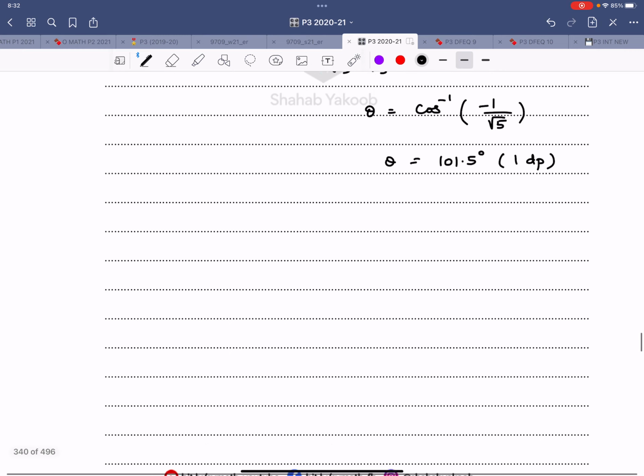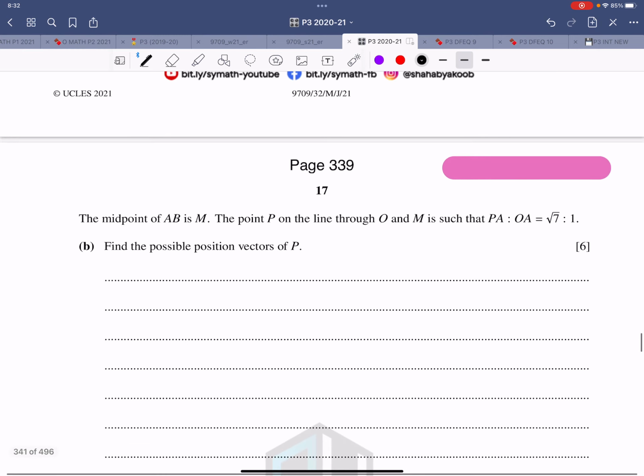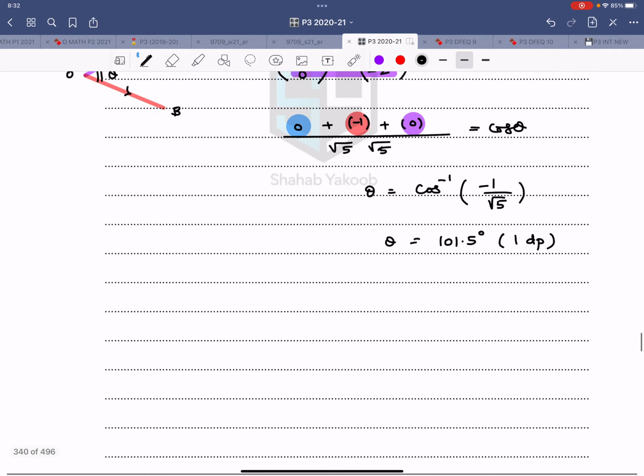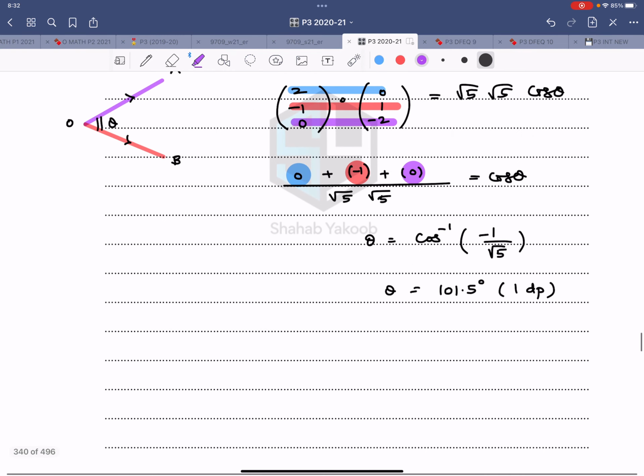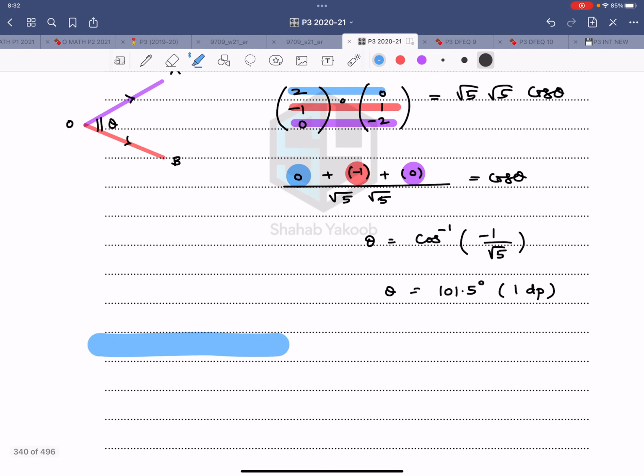The midpoint of AB is M. So let me first write the midpoint over here. So I'm just doing some working for the next part, but on this side. So therefore OM is half of OA plus OB. A lot of people think otherwise. Let me show you the mistake.